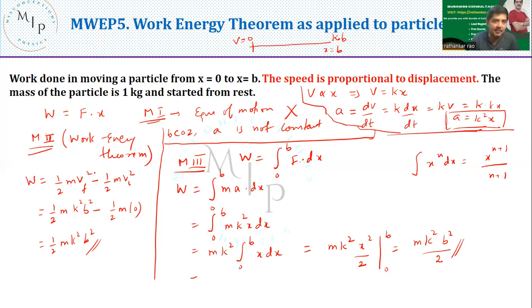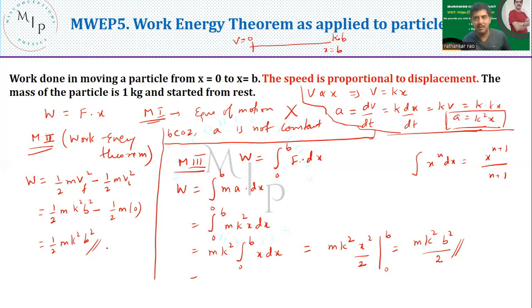Now see, I am able to solve it by the work energy theorem, and also I am able to solve it by work done using integral calculus. First I differentiated here, so it starts from this step. I found out the acceleration, then substituted here, and finally I am able to arrive at it. This method is very easy.